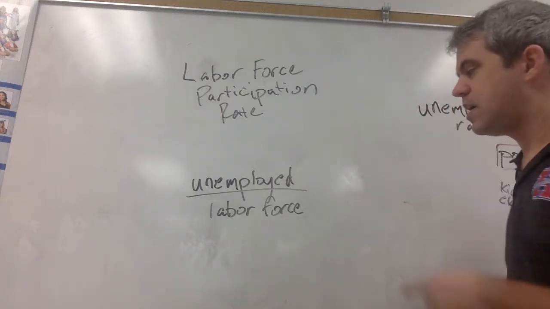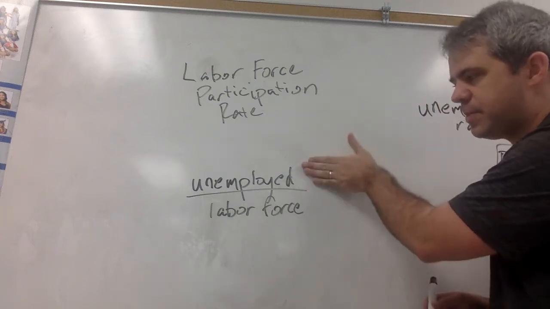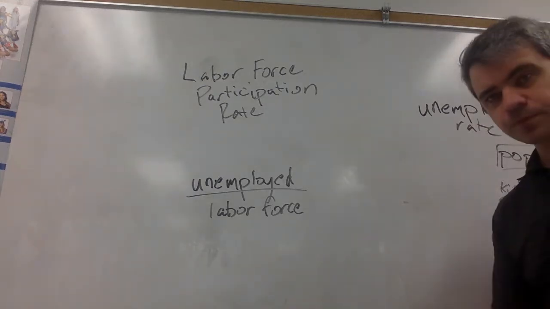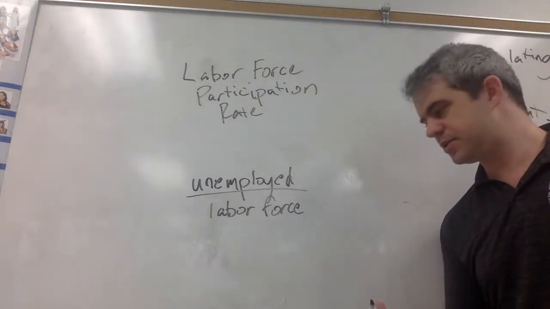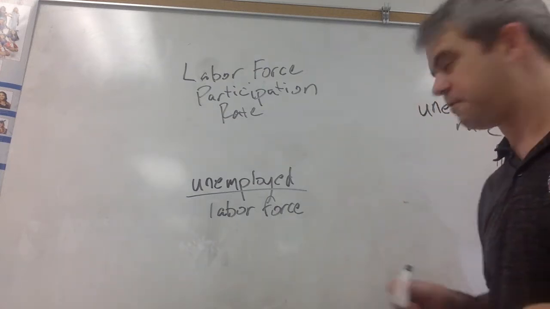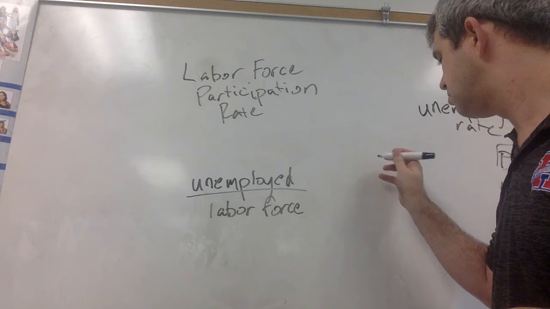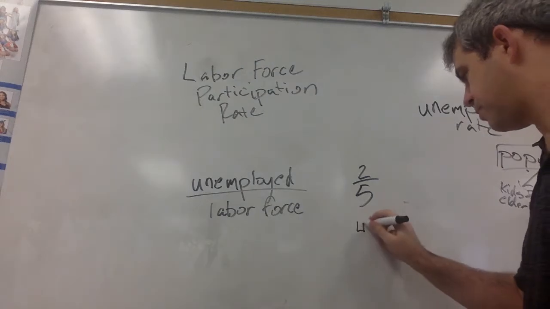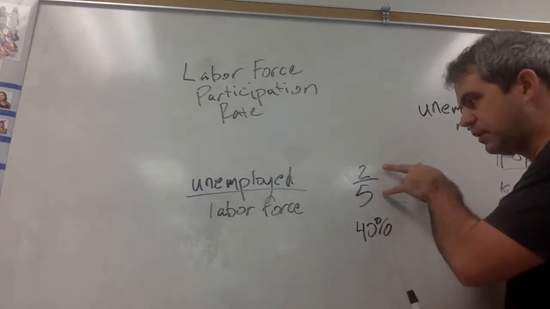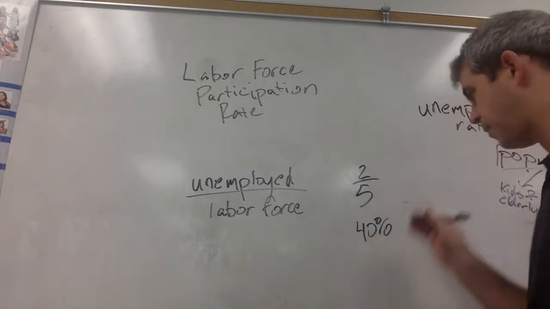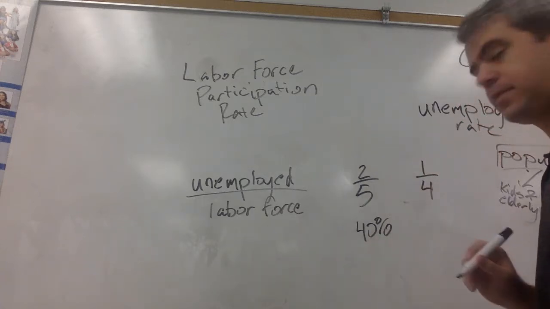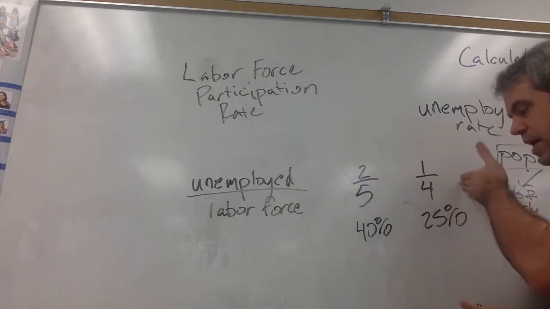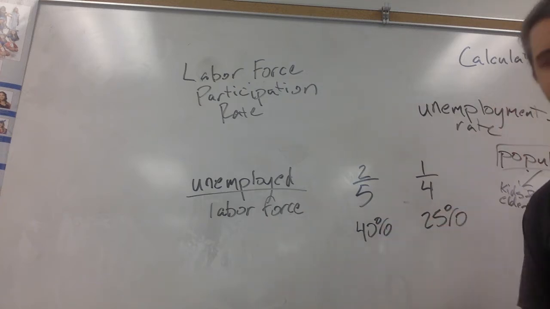If this is the case, then we lose people in the unemployed category, and we also lose people in the labor force category. Because of the way the math works, let's say just for fun we had 2/5, that's 40%, and let's say we lose one from our unemployed and one from our labor force. So our unemployment rate drops from 40% to 25%.